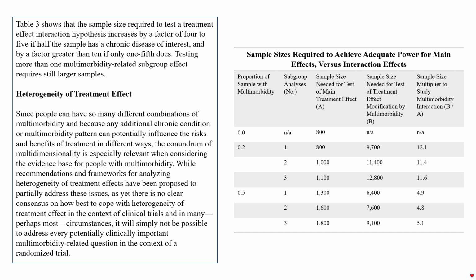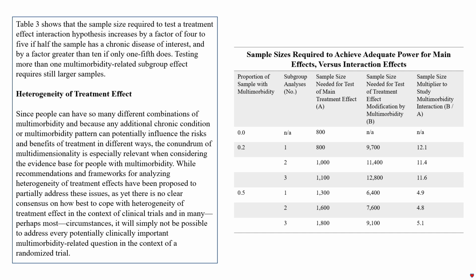While recommendations and frameworks for analyzing heterogeneity of treatment effects have been proposed to partially address these issues, as yet there is no clear consensus on how best to cope with heterogeneity of treatment effect in the context of clinical trials, and in many, perhaps most circumstances, it will simply not be possible to address every potential clinically important multimorbidity-related question in the context of a randomized trial.